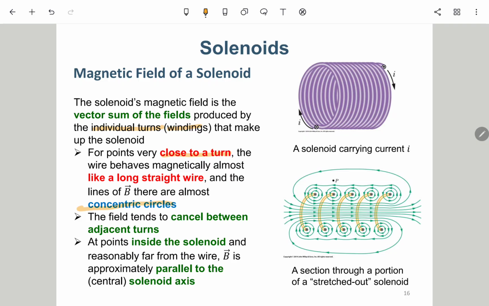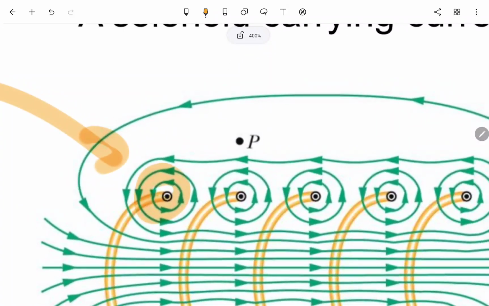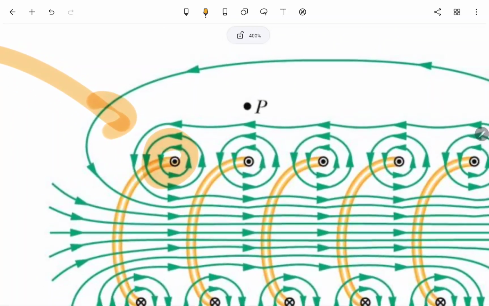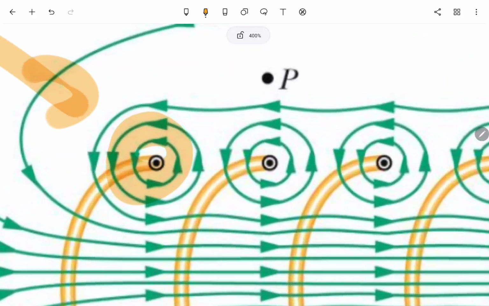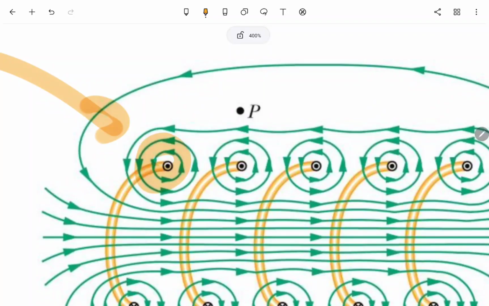This needs to be very, very close to a single wire, because practically the wires won't be so separate from each other.